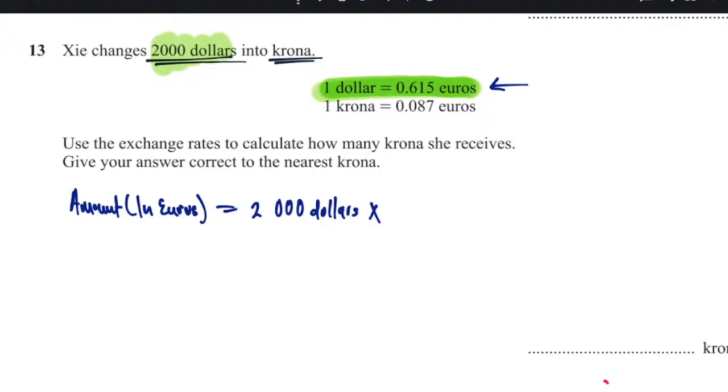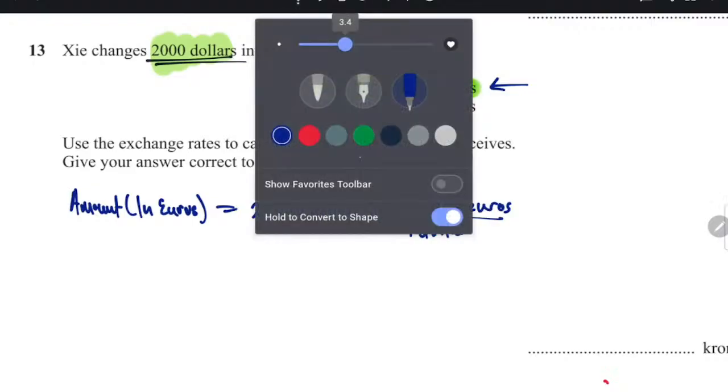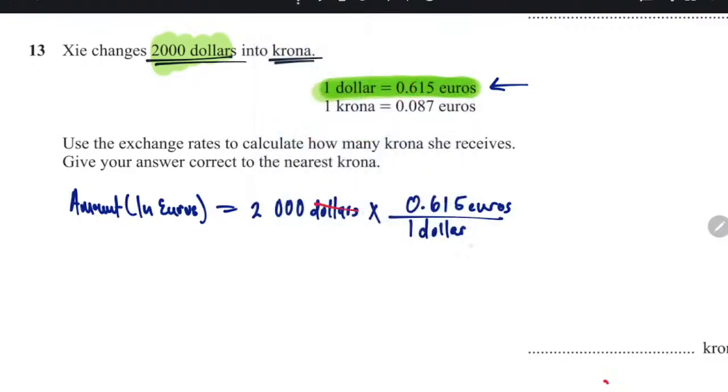So here we have dollars, so the dollar is going in the denominator. Here it's $1. And then the euros goes to the top. It's 0.615 euros. Why did we put dollar in the denominator? Because it's the one we have, so the dollars and the dollars will cancel. What will remain is 2,000 multiplying 0.615 euros, divided by 1.